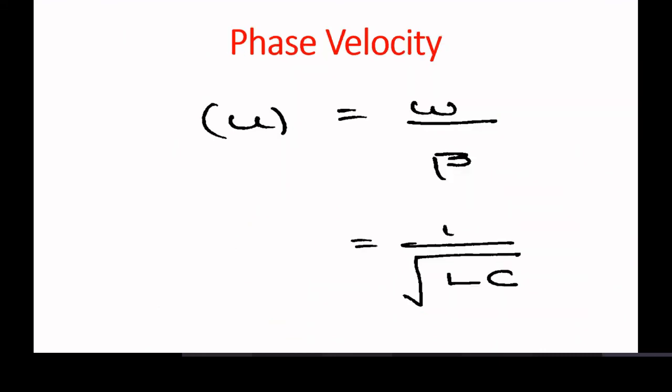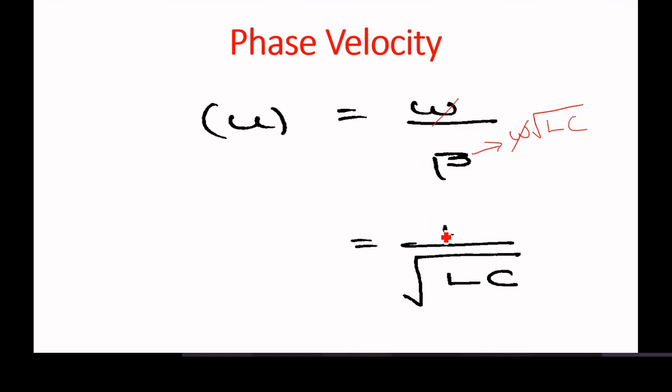Similarly, phase velocity we can find from this. Phase velocity is nothing but omega by beta. Beta is nothing but omega root LC, so omega will get cancelled.